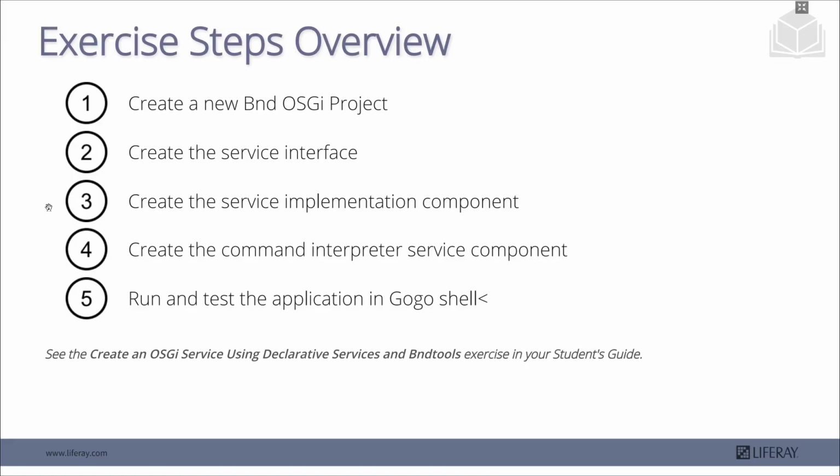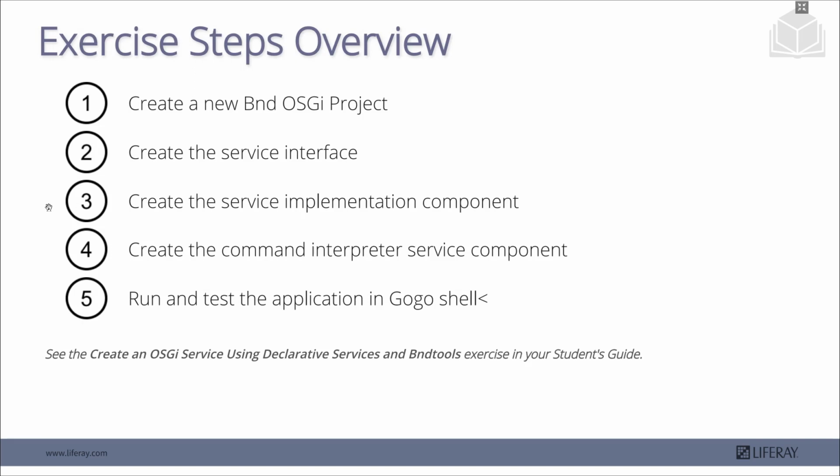As we traverse around that, we'll also again solidify the idea of the service registry and what's happening behind the scenes. All right. With that, we're going to go through 5 big steps here, right? We're going to create a BND OSGi project.